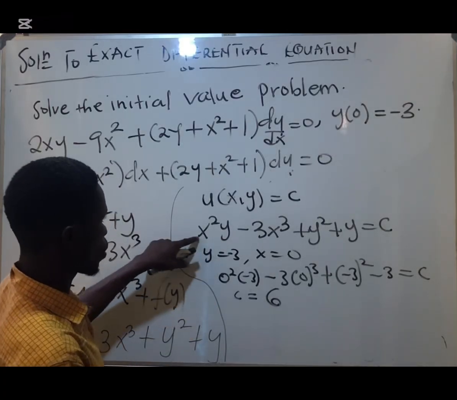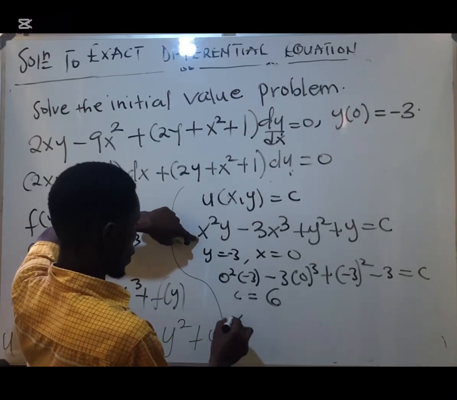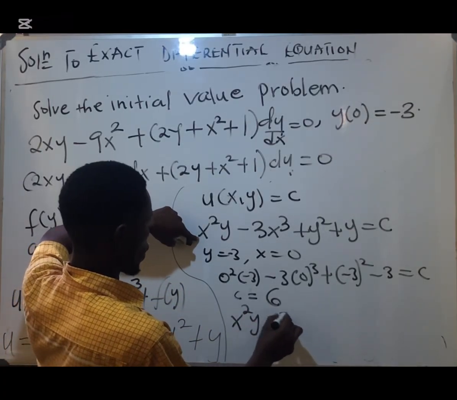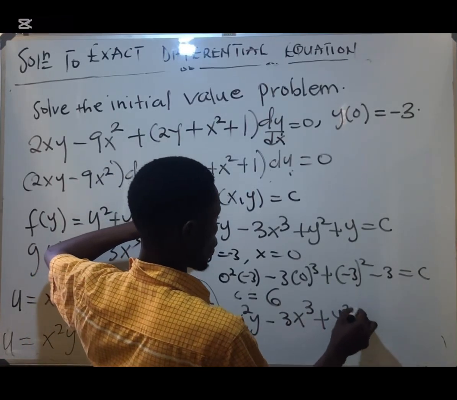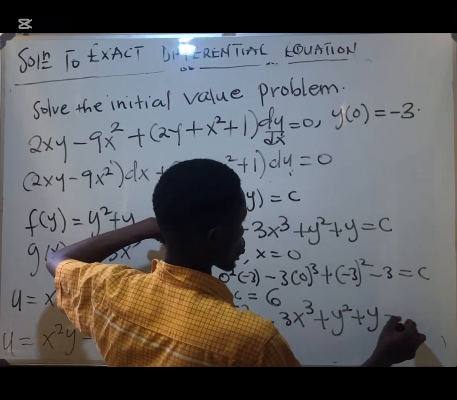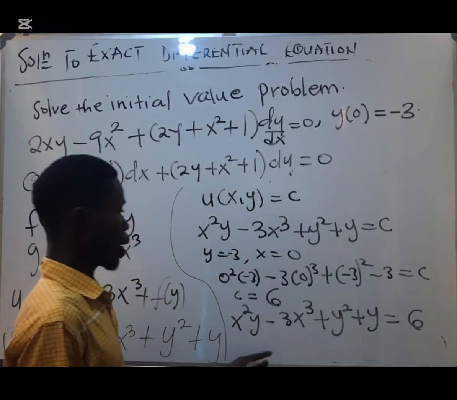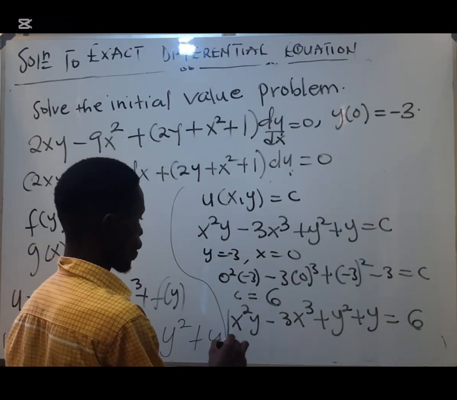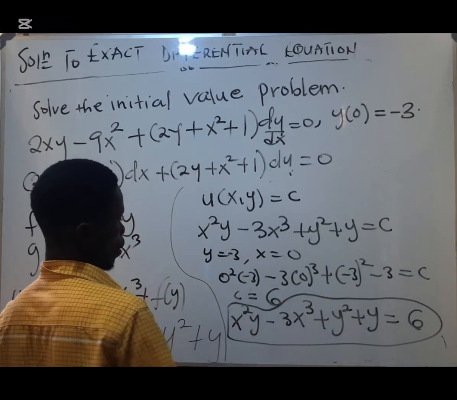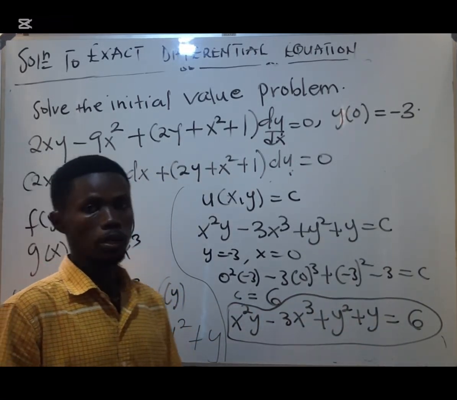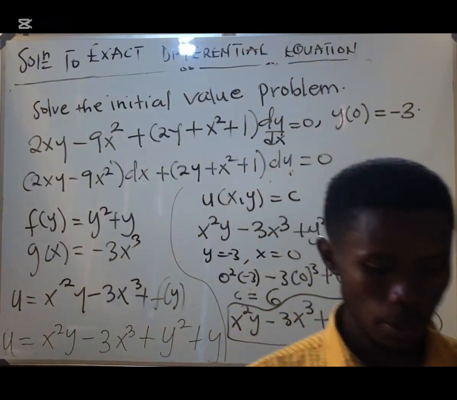So I just come back to this place and rewrite it: x squared y minus 3x cubed plus y squared plus y is equal to 6. And this becomes a particular solution.